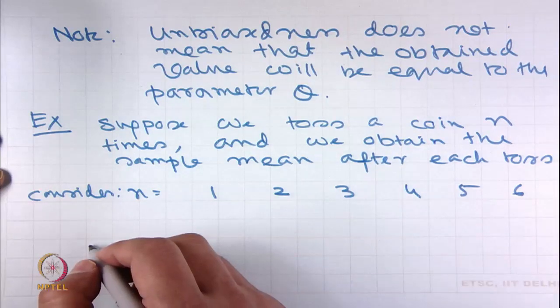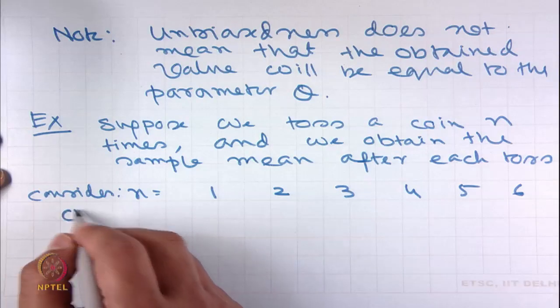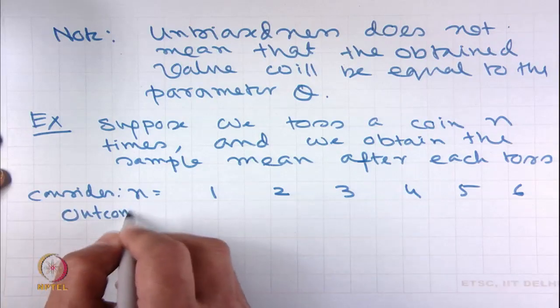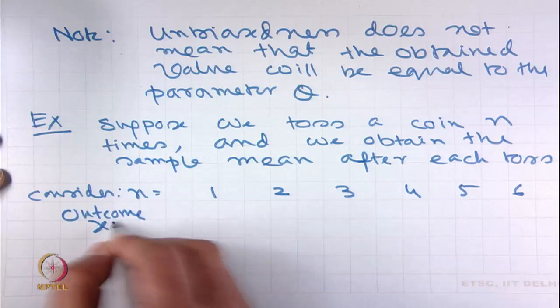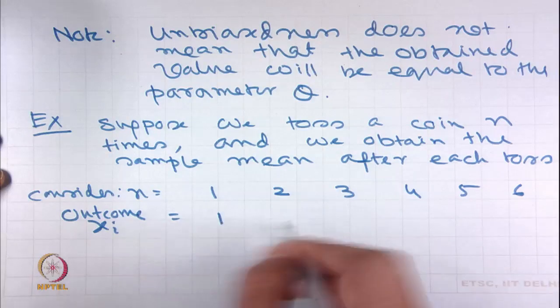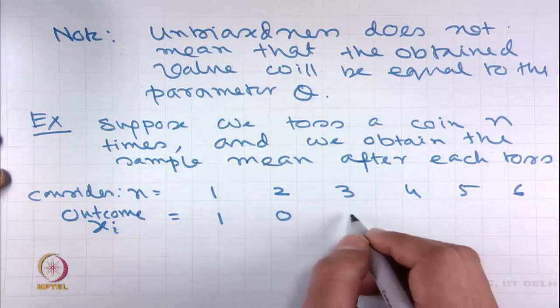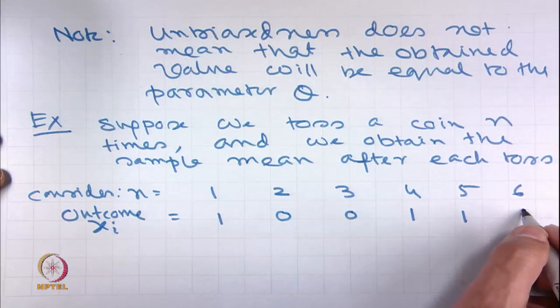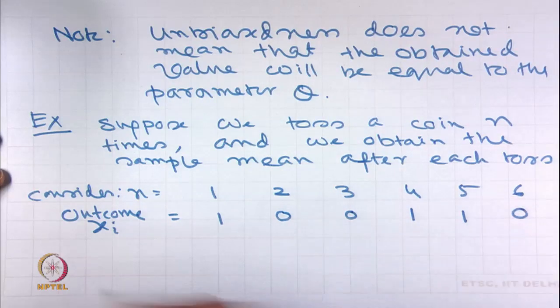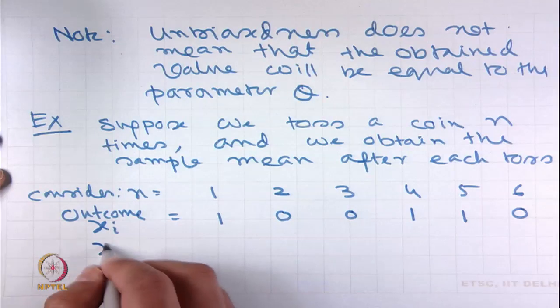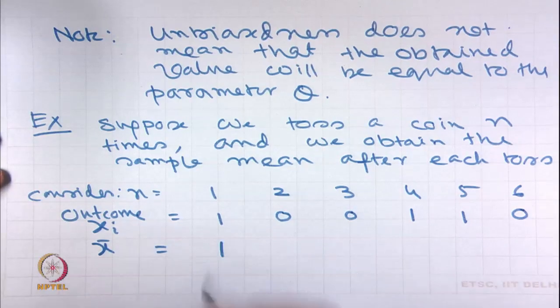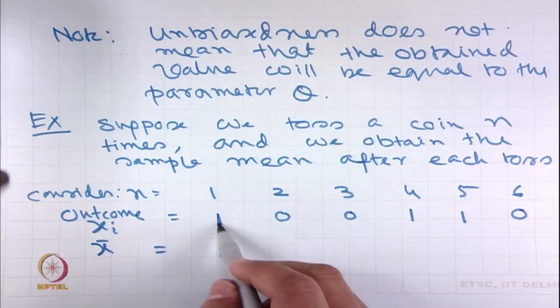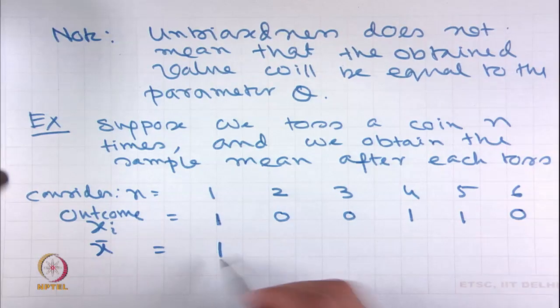Suppose I am looking at 6 tosses and outcomes, that is x i, are say 1, 0, 0, 1, 1, 0. Therefore, x bar is equal to 1 because it is the mean of one sample.